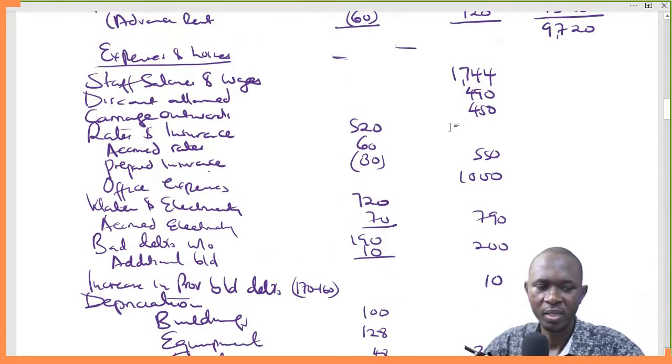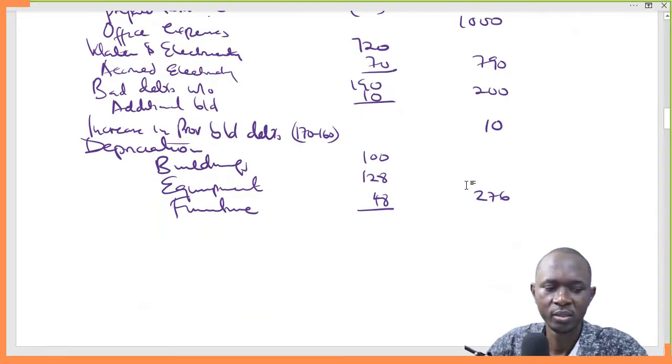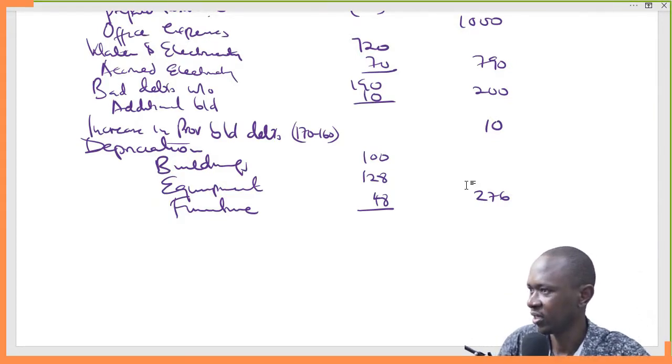So let's add all of them. 1744 plus 490 plus 450 plus 550 plus 1790 plus 210 plus 276. That gives you 5510.